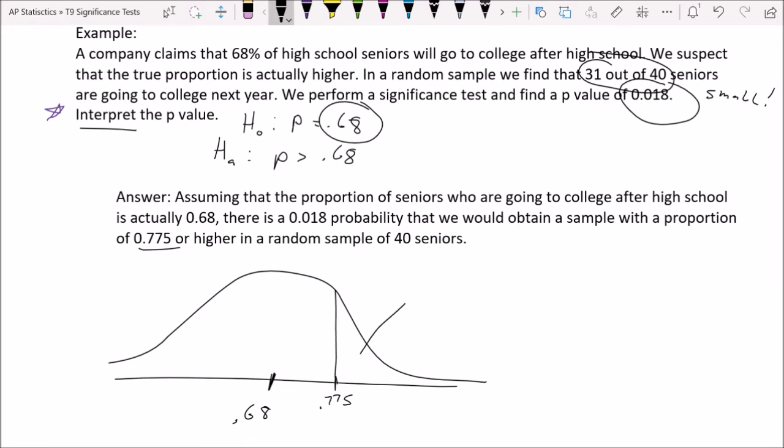And this is saying, according to this example, that it is the p-value, which equals 0.018. And that's what this language is of 0.775 or higher. It's saying 0.775 or a more extreme value. Okay, and so that's like visually what a p-value is.